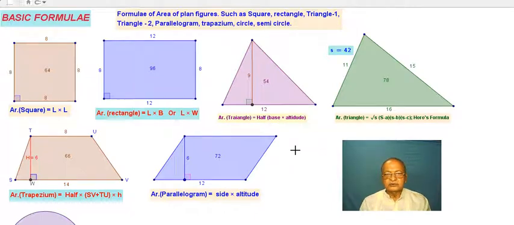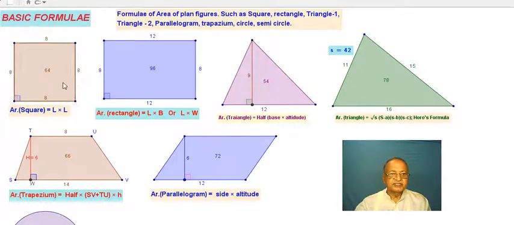So, we will learn the basic formula and try to apply them with the values. I hope you will understand, and later on you can practice more problems similar to those from your textbook, and you will learn the topics very easily and effectively.